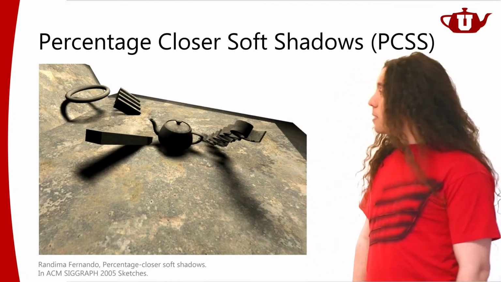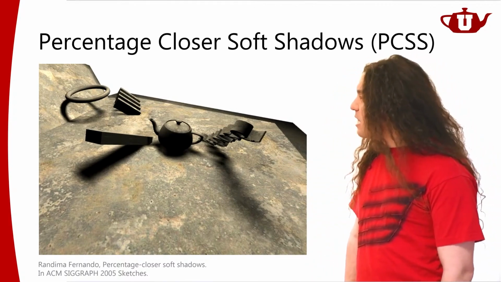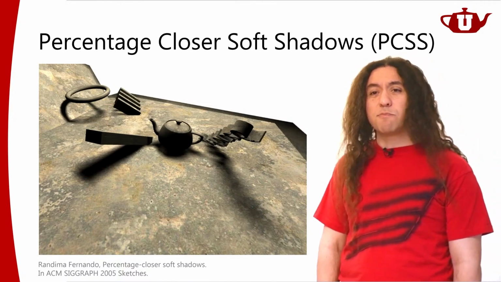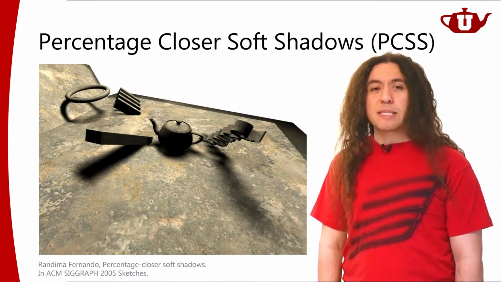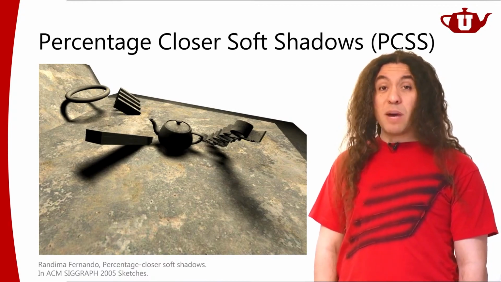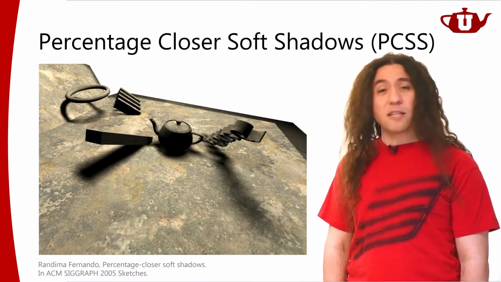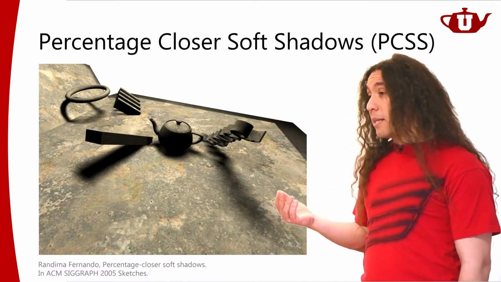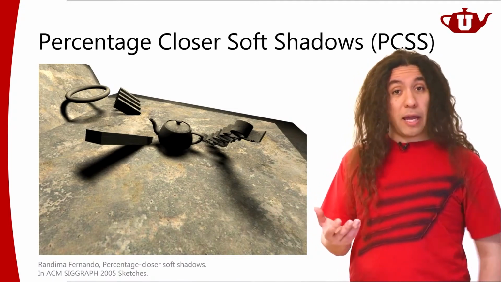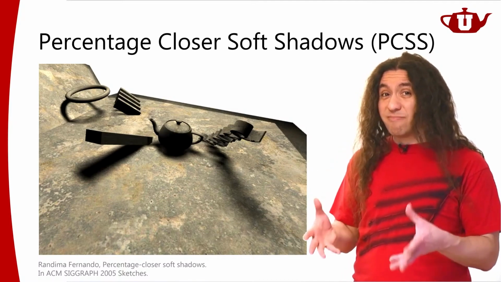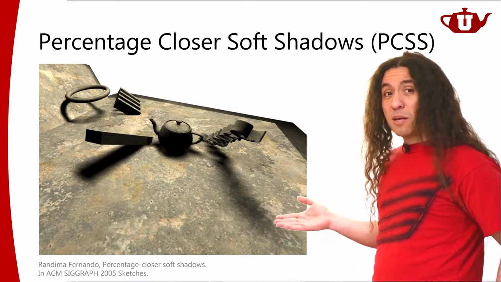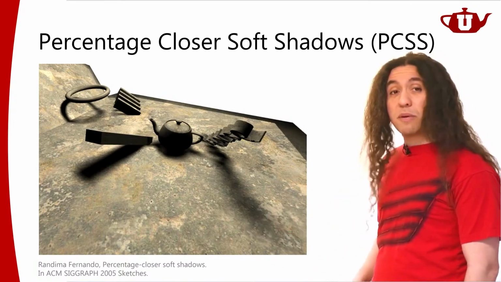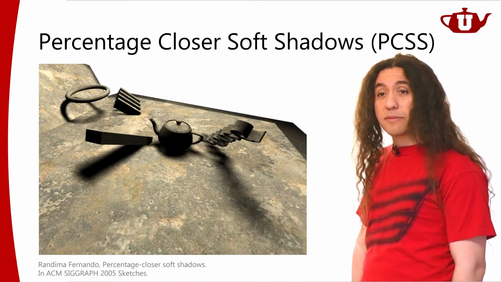The problem with percentage closer soft shadows is not that it's not perfect. It really isn't perfect, but that's not its biggest problem. Its biggest problem is that it's not very cheap. It might be cheaper than tracing rays, yes, but it's not very cheap after all, because I'm going to have to do an occluder search within a range, and then percentage closer filtering within a range, and that filter size might be quite large. In places like here, I'm going to have a large filter size, because the shadow is supposed to be really, really blurry and soft.